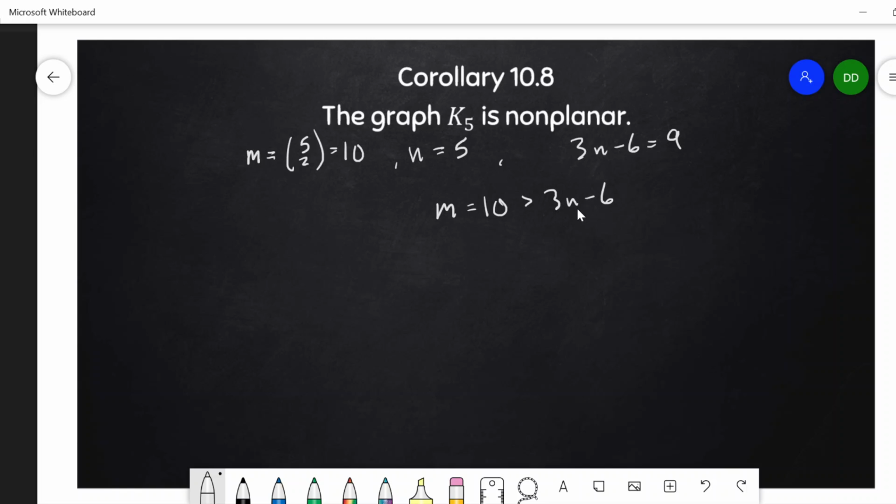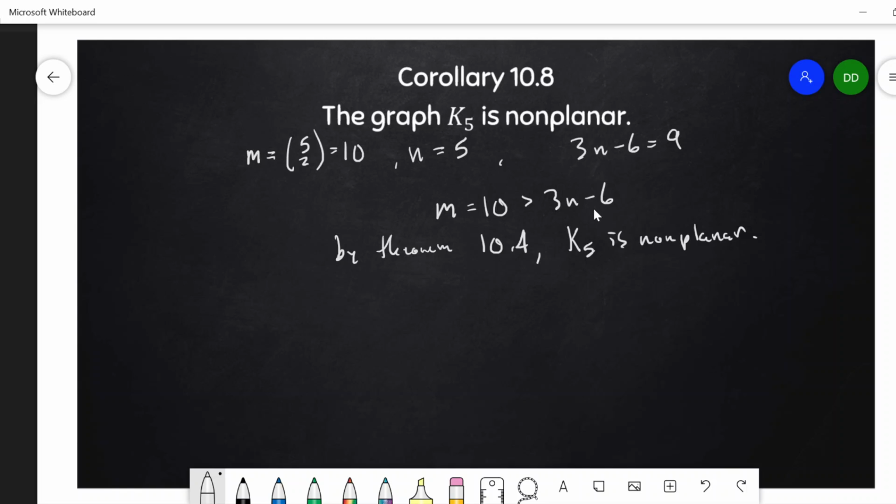Very quickly, based on our previous work, by theorem 10.4, K5 is non-planar. So there's no way to draw K5 in the plane without edges crossing.